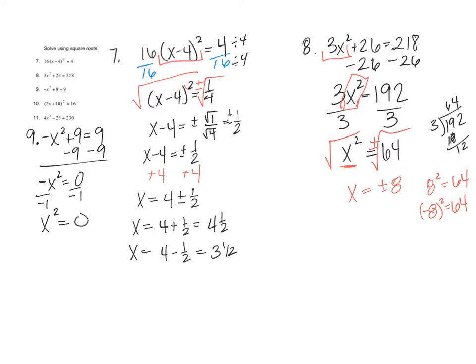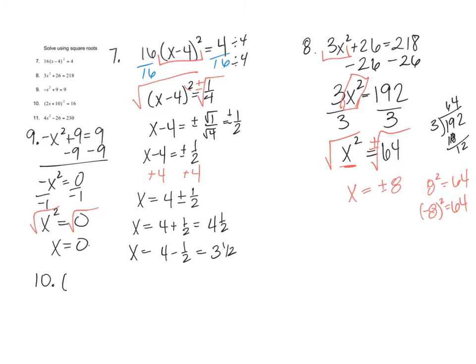And a lot of kids get stuck on this, but really we're just going to square root both sides, and x equals 0, because 0 times 0 is 0. And there's no negative, so we don't need a plus or minus. This is the only time we get one answer, when the x squared equals 0. Every other time we should have two answers. Okay, let's look at number 10.